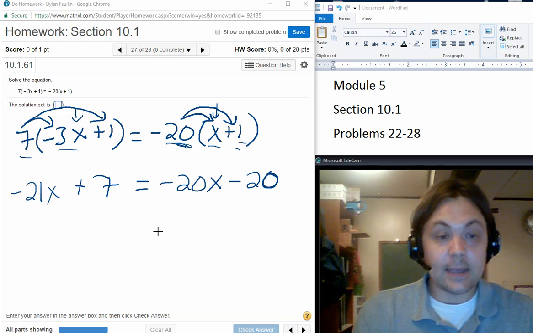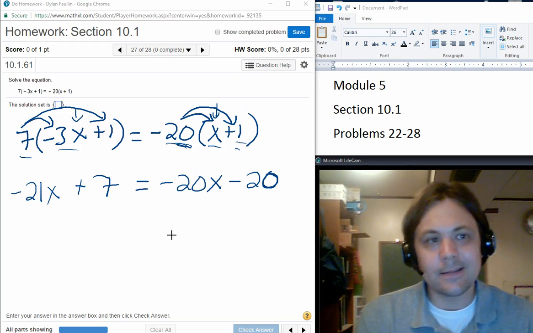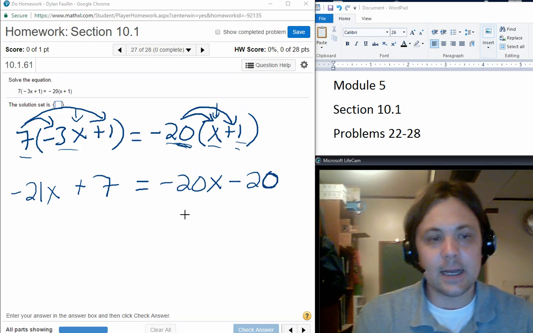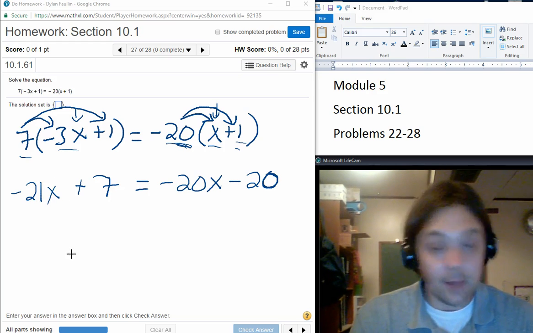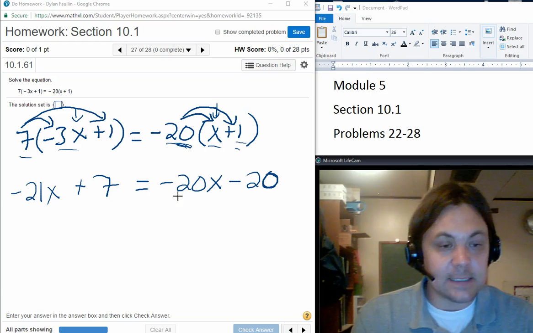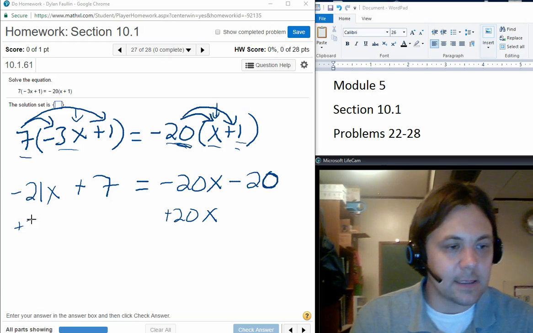Now, I want to get x by itself on one side of the equation. Every problem we've done in the last couple of videos, we've gotten rid of x from the right-hand side and have it on the left-hand side instead. In this case, if I say, okay, let's get rid of the x on the right-hand side by adding a 20x here, I'll have to do the same thing to the left-hand side.